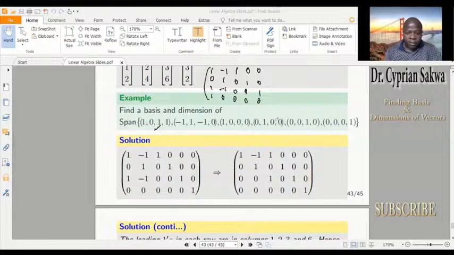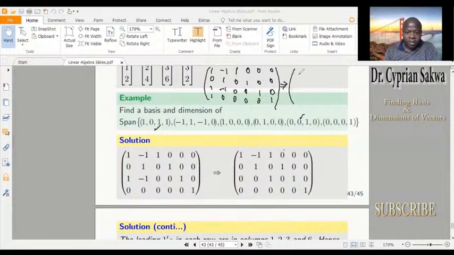So I've written this. Now I reduce this to echelon form. You know that I want a 0 in this position and a 0 in this position. So what do I get?